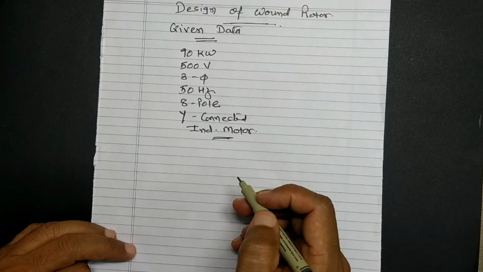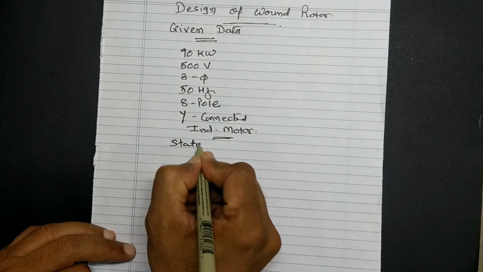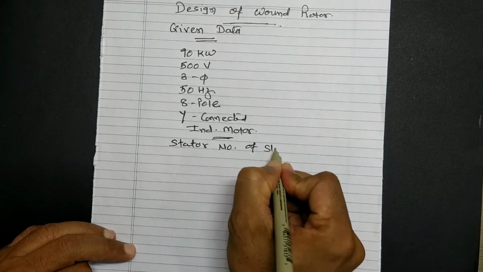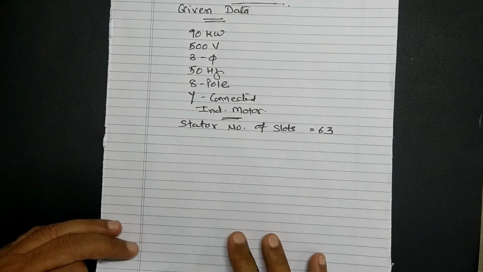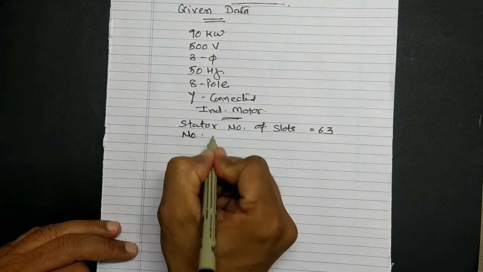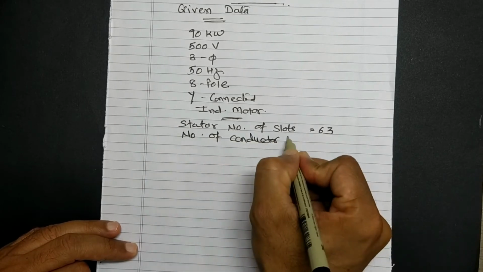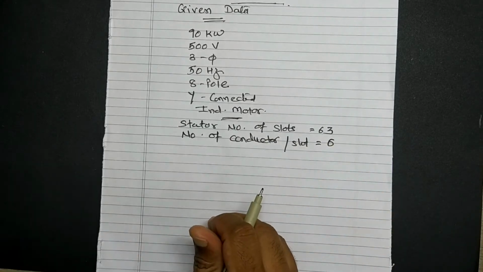Some more data is also given. Stator number of slots is 63 and number of conductors per slot is 6.